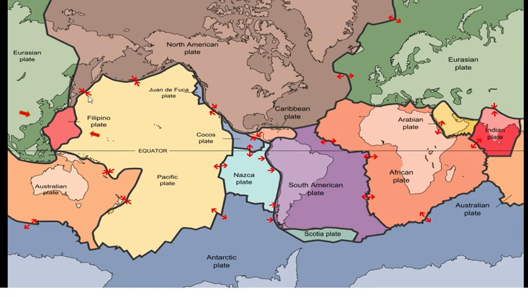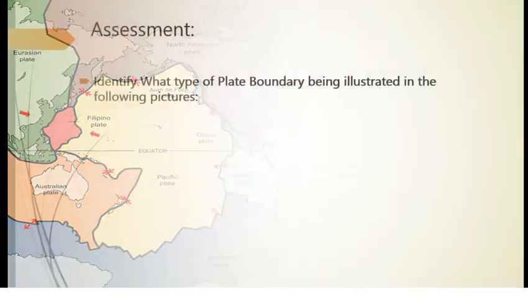Okay, so when the arrows are going towards each other, therefore that is a convergent boundary, just like this one. But when the arrows are sliding past each other, therefore these are the transform fault boundaries. If the arrows are moving away from each other, therefore this is what we call the divergent plate boundaries.